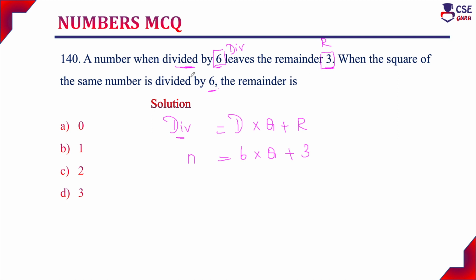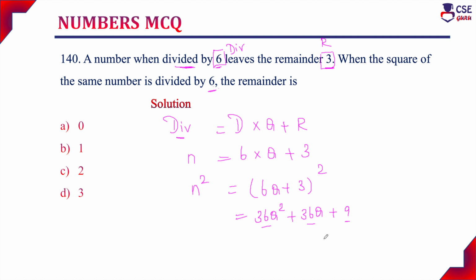When the square of the same number is divided by 6, we need to take the square. So consider n square is equal to 6q plus 3 whole square. So here 36q square plus 36q plus 9. Here this is 36, this is 36 and this is 9.